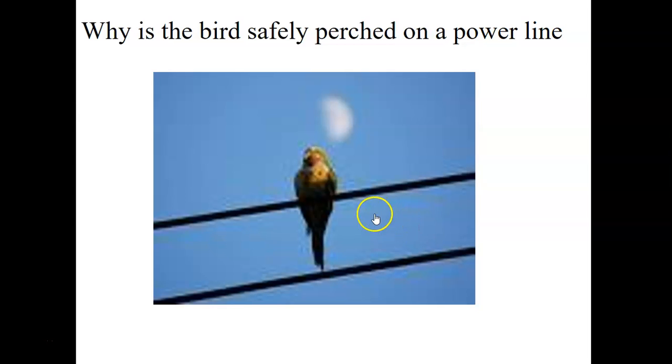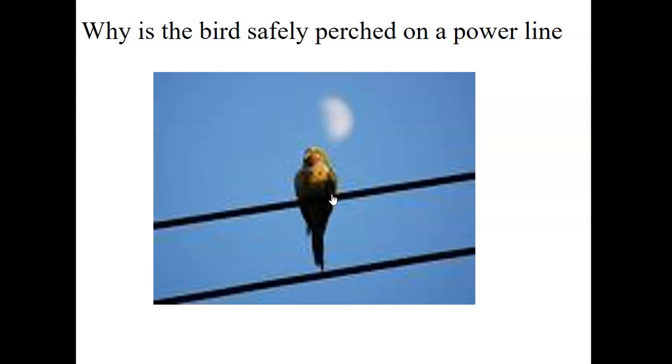Why is this bird perched? Why is he safe when he's touching this high voltage power line? Well, it's not necessarily the insulation. He would be safe, or she would be safe, even if there was no insulation on the wire. That's because it's not truly voltage per se that drives current. It's voltage difference.